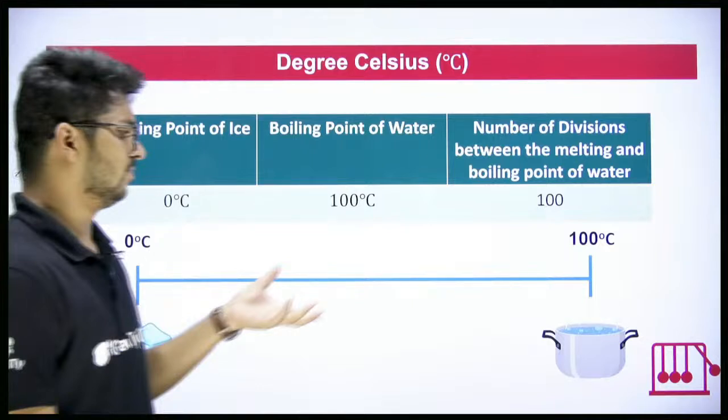If this is a scale, this is 0, then 1, 2, 3, 4, 5, 6, 7, 8, 9, 10, 11, 12, 13, 14, and 15. So we take the length of the scale and we divide it into equal parts. How many equal parts? 15 equal parts.